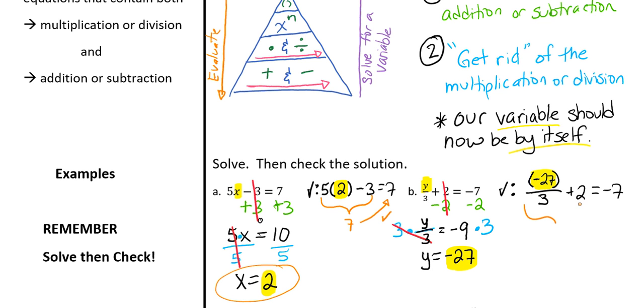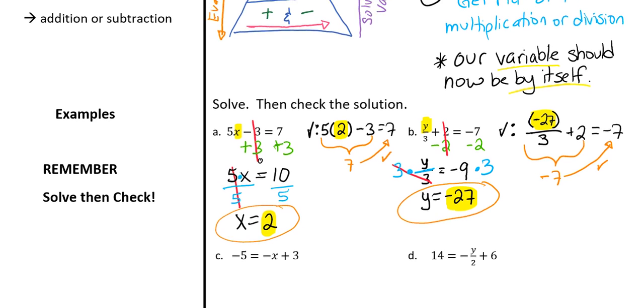If we work out this left-hand side, and you can either put that in the calculator or do it mentally, we should end up with a negative 9 plus 2, which is a negative 7. And so when we check those, they match, which means y equals negative 27 is our correct answer, so we did it right. Let's do just a couple more examples.